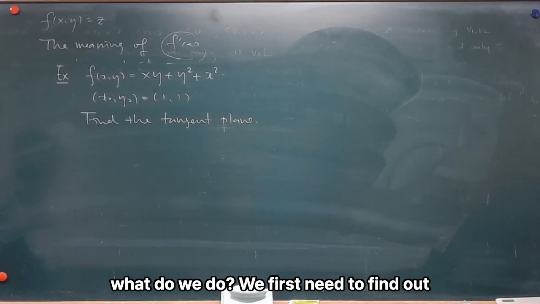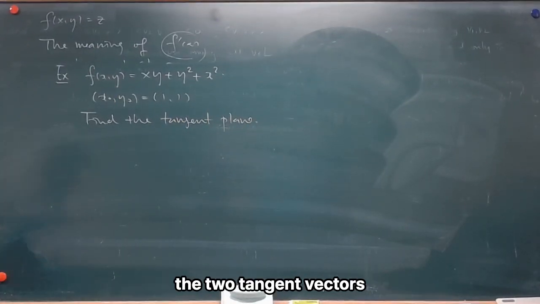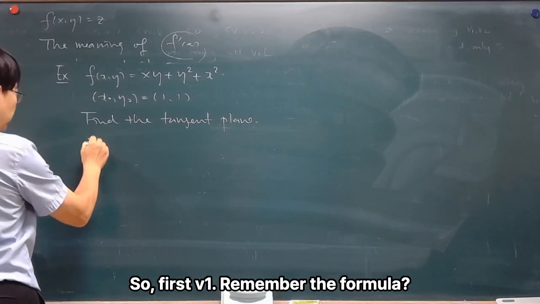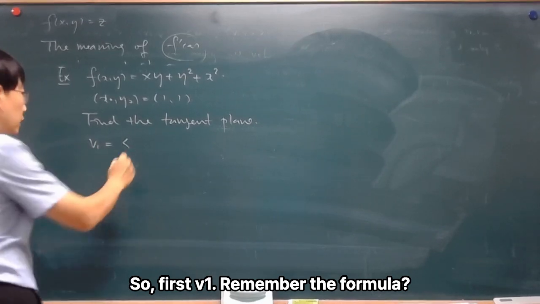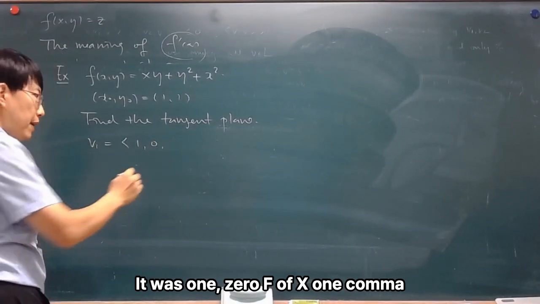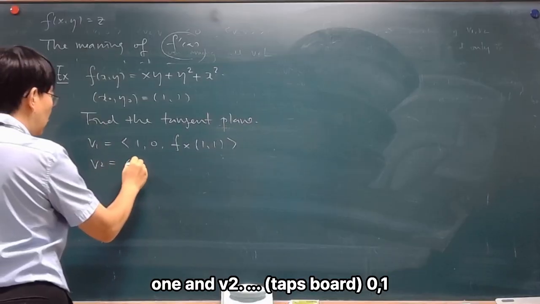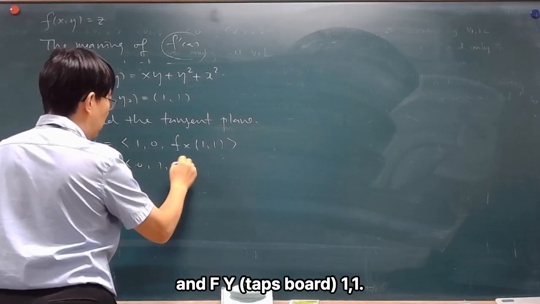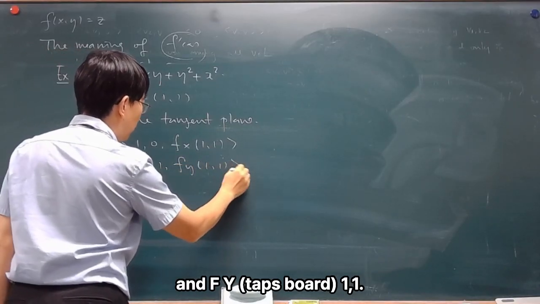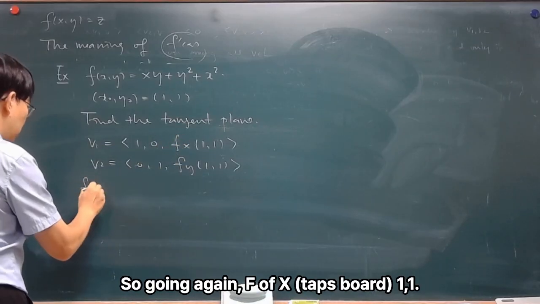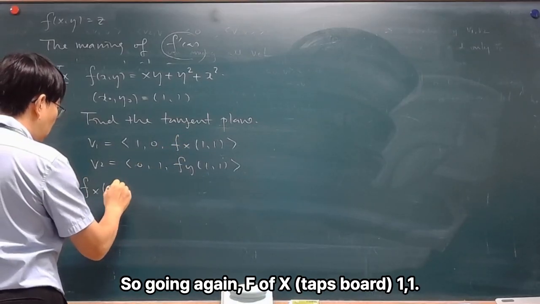So what do we do? We first need to find the two tangent vectors which lie on this tangent plane. So first, v1, remember the formula? It was 1, 0, f of x at 1, 1, and v2 is 0, 1, and fy at 1, 1. So I need to find these two partial derivatives. So going again, f of x at 1, 1.